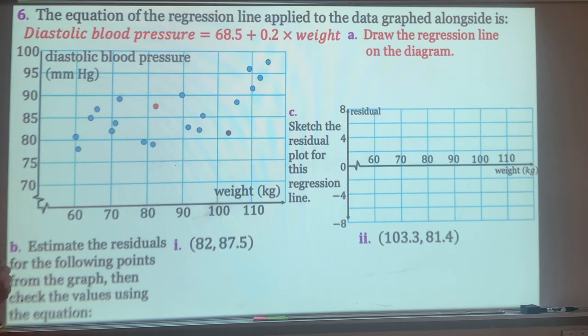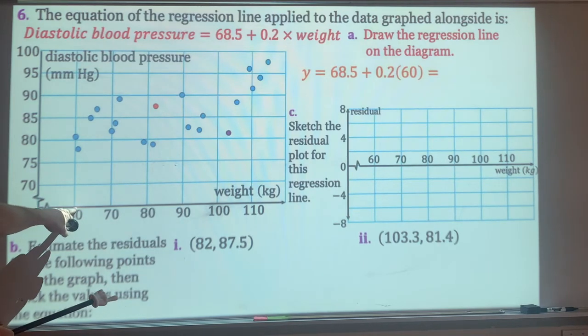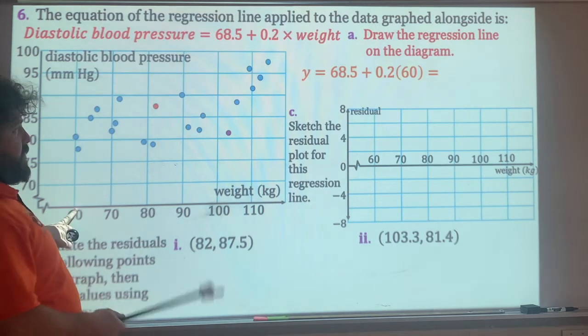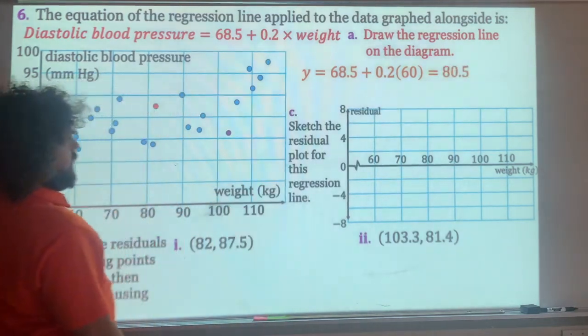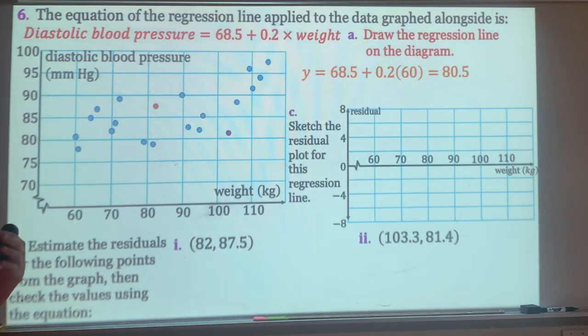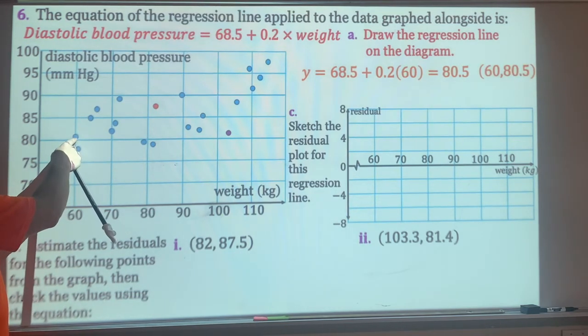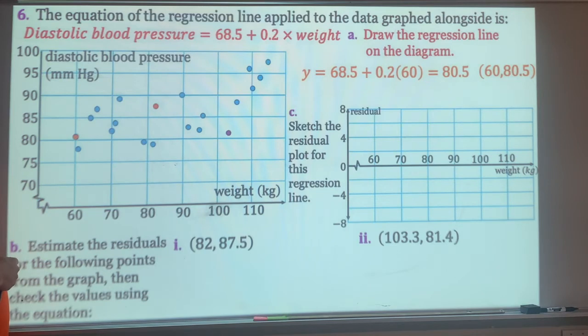But what I did a little bit differently was take 2 points. At 60, I type 60 in here. That is 12 plus 68.5, which is 80.5. So 60, 80.5, I could put a point. And I put a point on my graph.